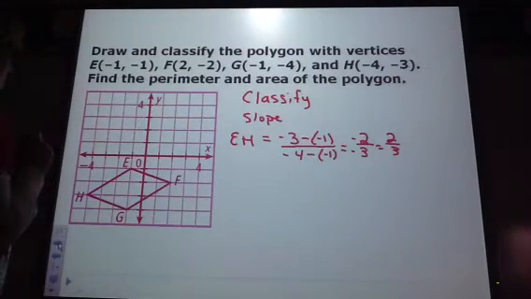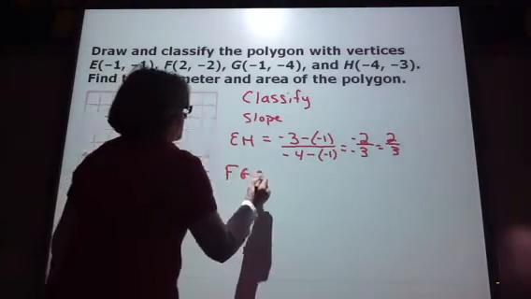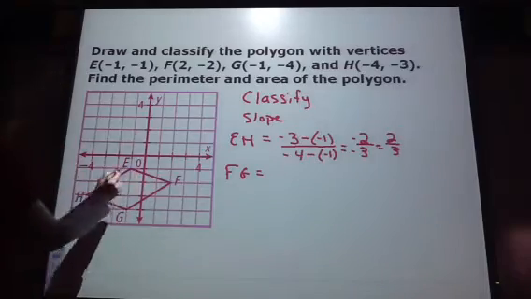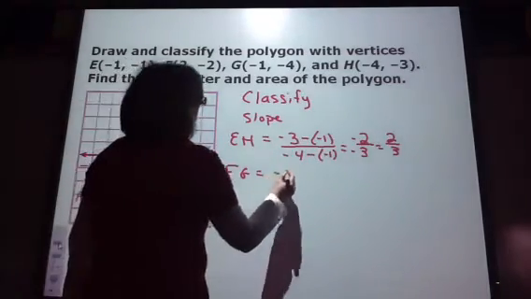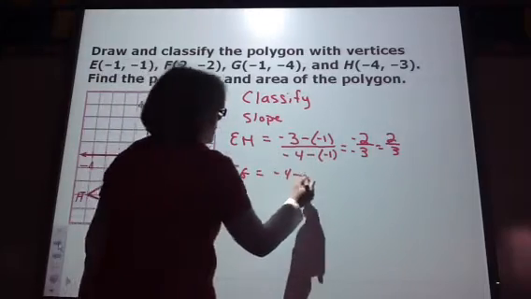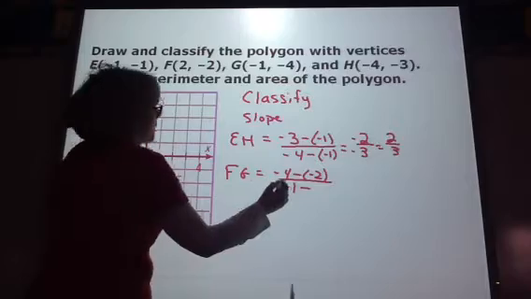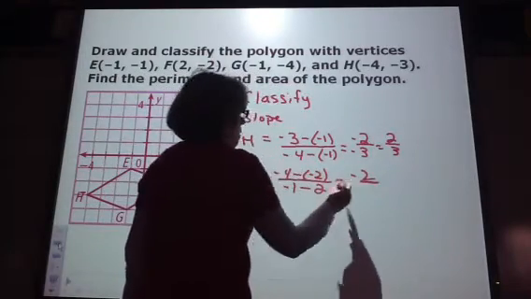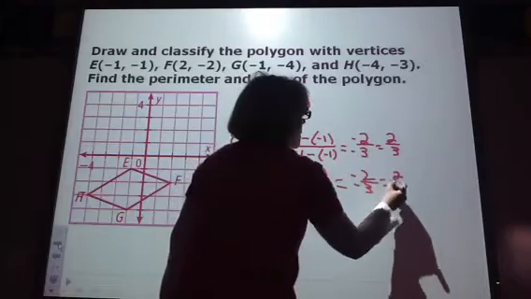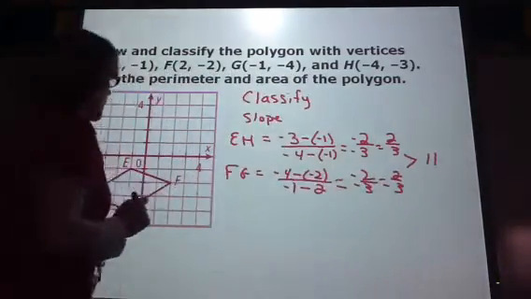So on FG, because you have EH and FG, we have -4 minus -2 over -1 minus 2. So that's -2 over -3, positive 2/3. Therefore, those two lines are parallel.